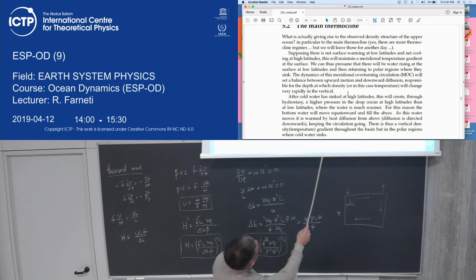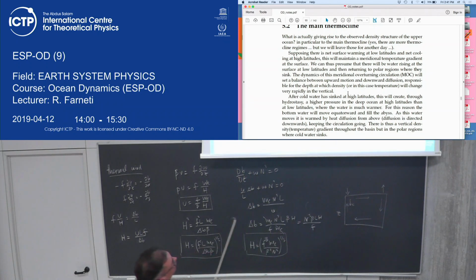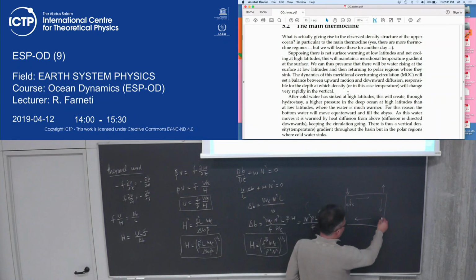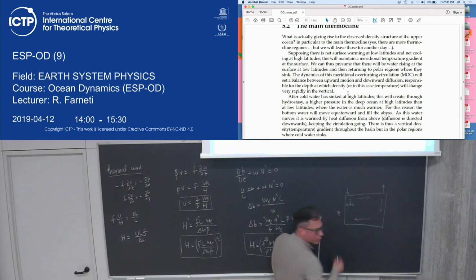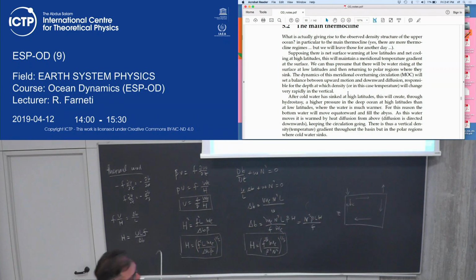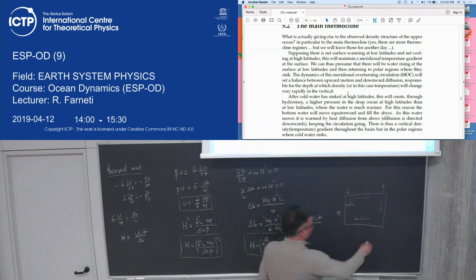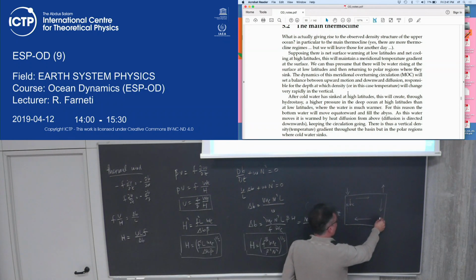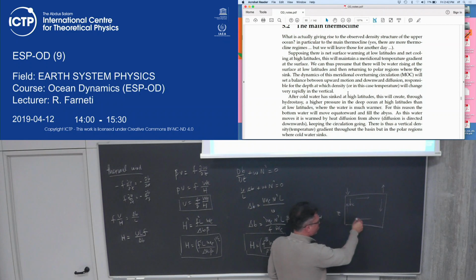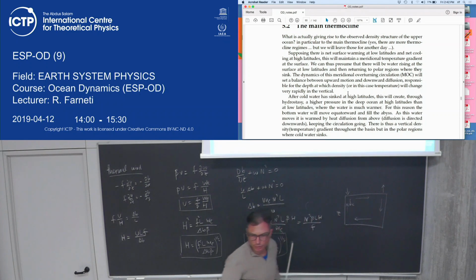And because the water at the low latitude is much warmer, the bottom water will start to move towards the equator. Here the pressure is much larger than here, and you're going down the gradient and you start moving towards the equator. That's why the dense water after sinking will start filling the bottom of the ocean, moving towards the equator, okay?